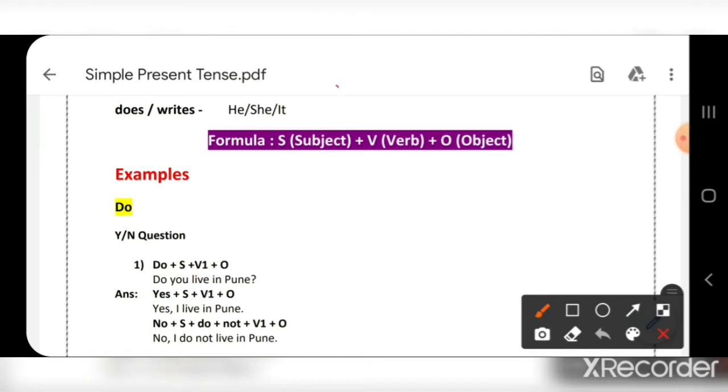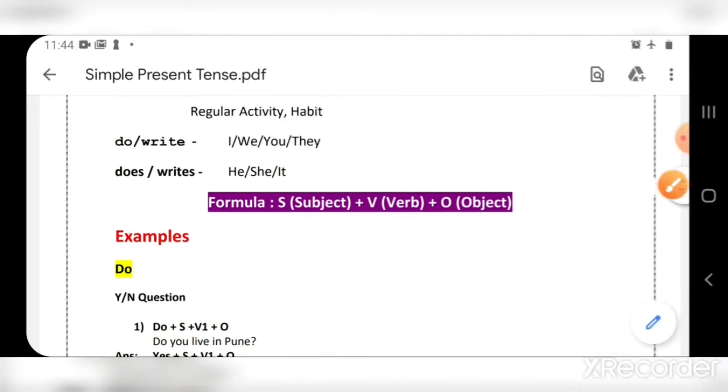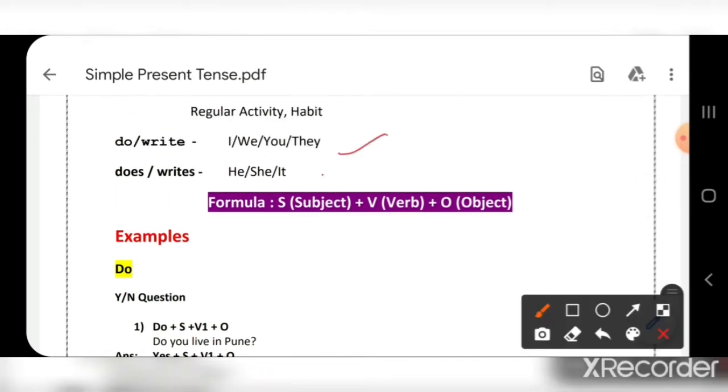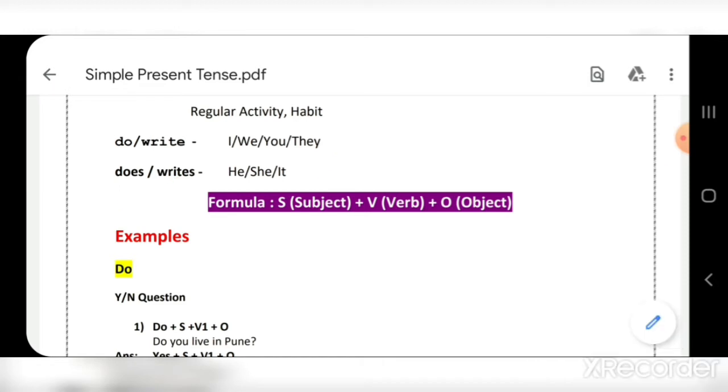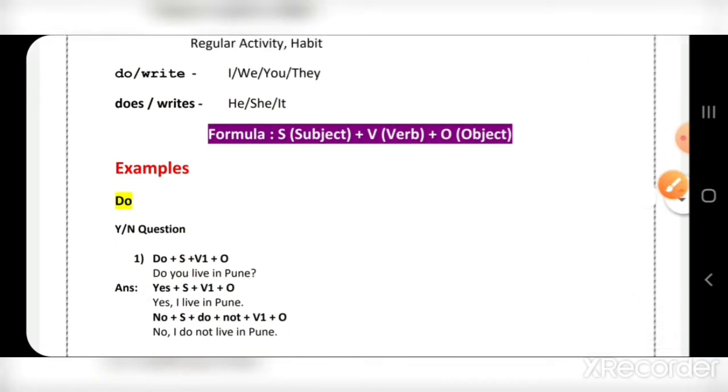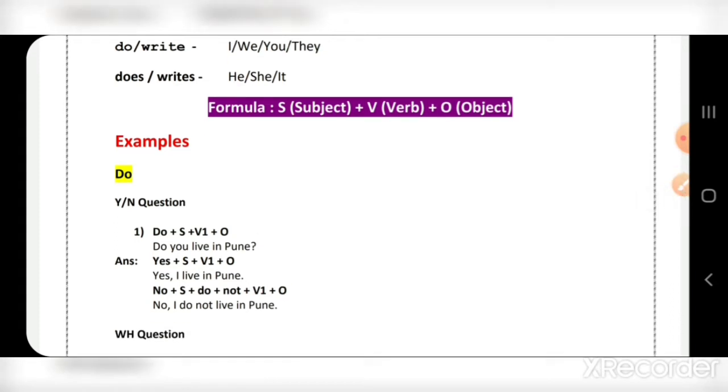This one is subject: I, we, you, they, he, she, it. This is subject, and these are verbs, both these: do or write, does or writes. And object is used or applied according to the subject and verb. Okay, it is an optional thing. Fine. We will better understand when we make sentences out of these.